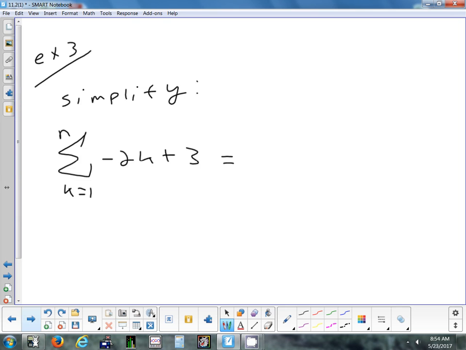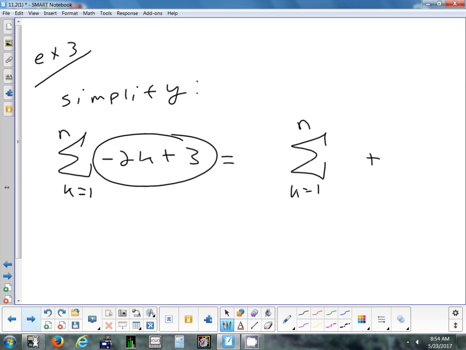So, first thing I want to do is split this up. How many sigmas would this split up into? 2. It's going to split up into k equals 1 to n plus another k equals 1 to n.